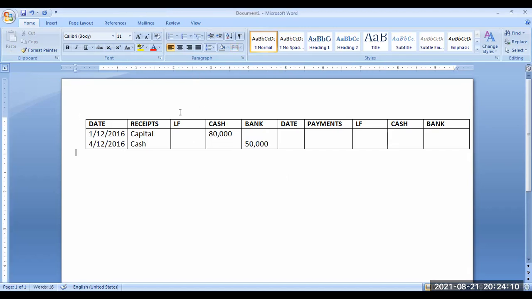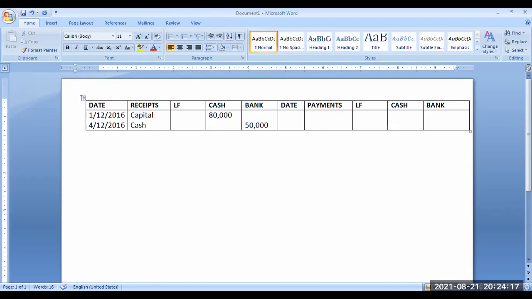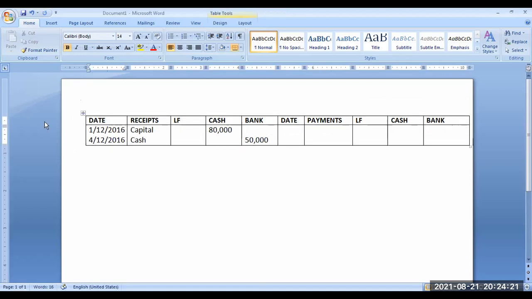Is this enough? Credit side also we have to write, sir. Very good, that is a contra entry. Your cash balance will reduce, since you have deposited your money in the bank.